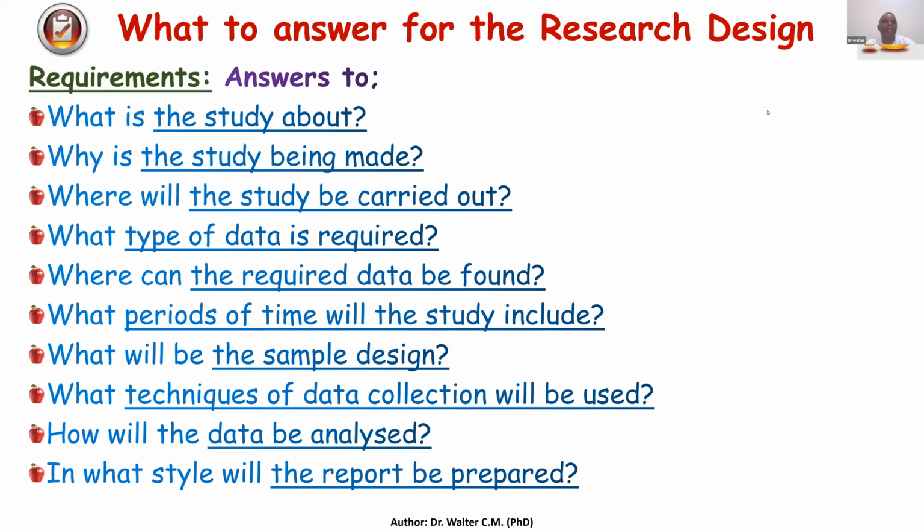And then a style of reporting the findings after you are back from the research will help you also to confirm that the study design that you have opted for your proposed research is appropriate to you. So if we have answers to these questions, at least you will be in a position to confirm that I am able to opt for an appropriate research design for my proposed research.